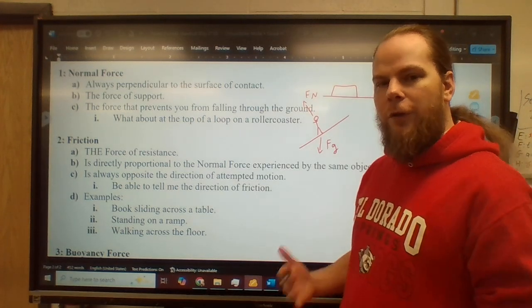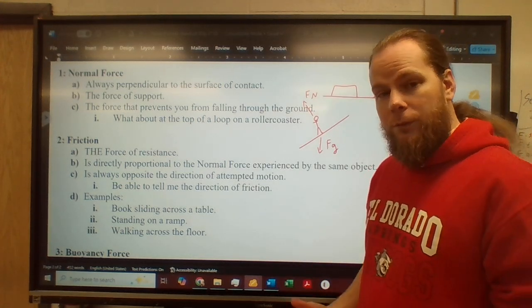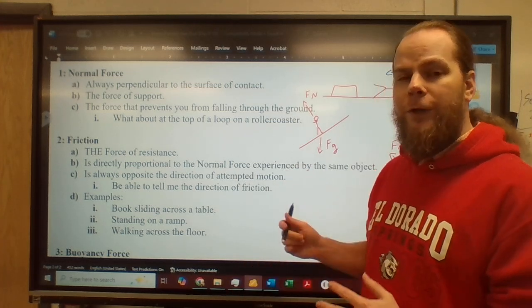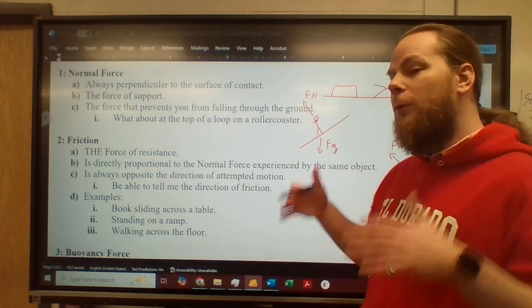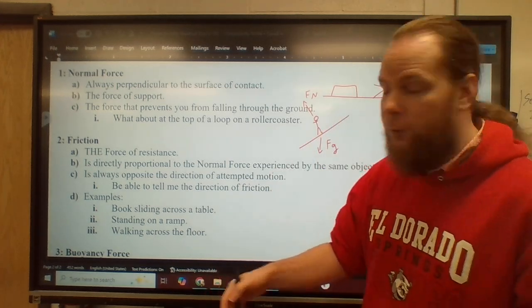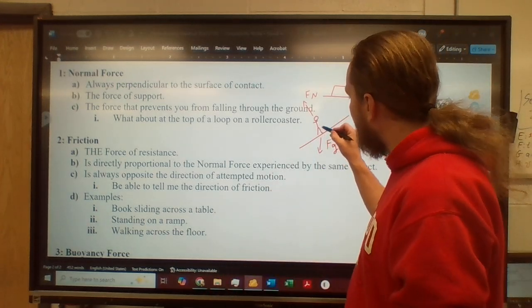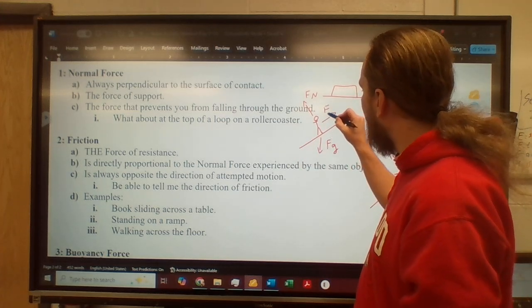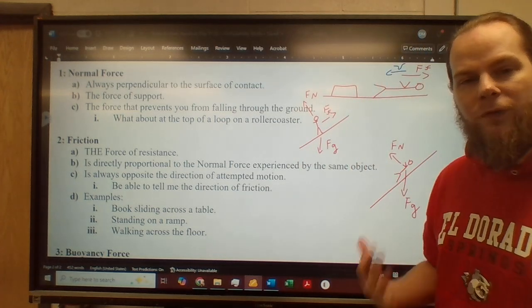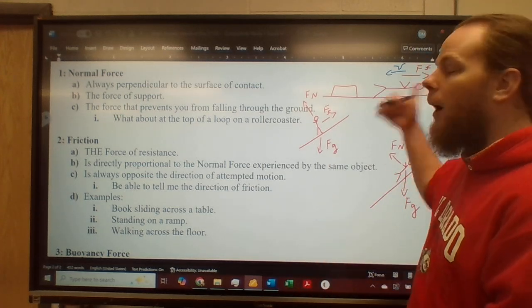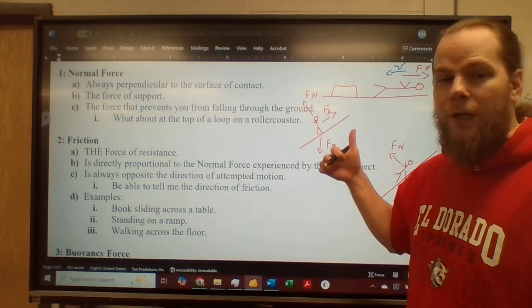But there is another force, friction. You're not moving, but there's still friction, because if there wasn't friction, you would be sliding down the ramp. So if you are trying to move this way, friction has to be in the opposite direction, opposing that attempt to move. So friction is up the ramp in this case.